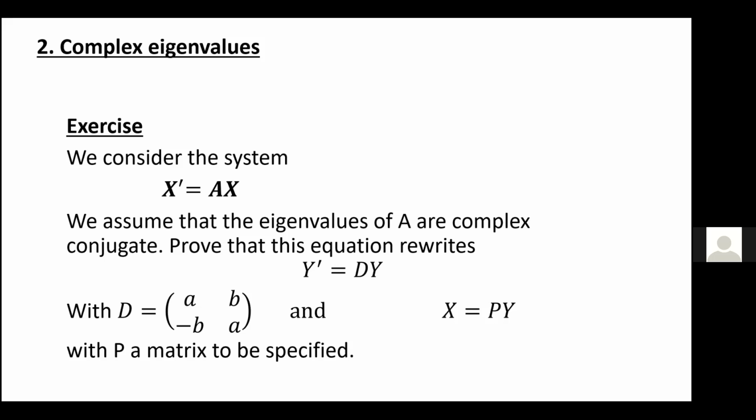So next, I propose the following exercise. We are going to the general case where we have two complex conjugate eigenvalues for the matrix A. The goal of this exercise is to show that you can bring it to the study of the previous case, which is quite general, with a change of variables with a matrix P that you have to specify in the exercise.